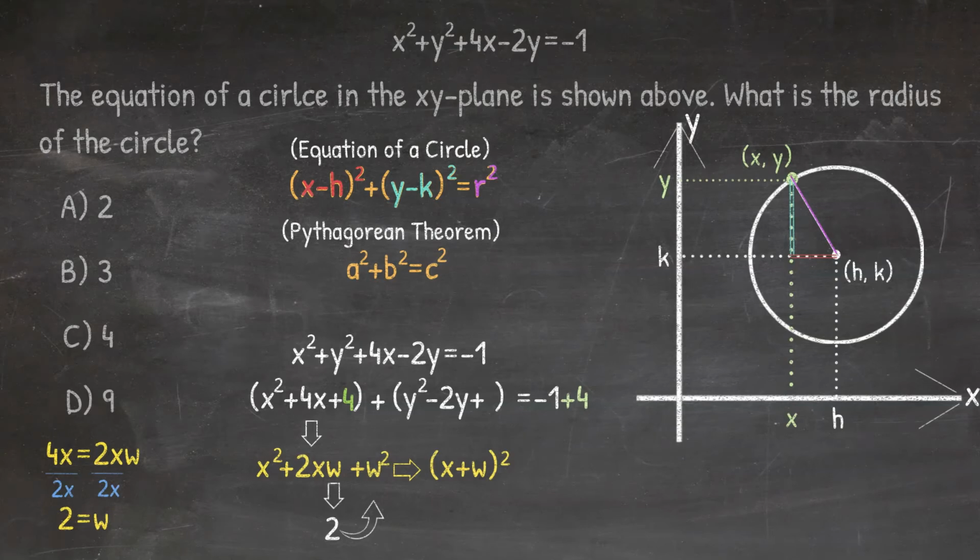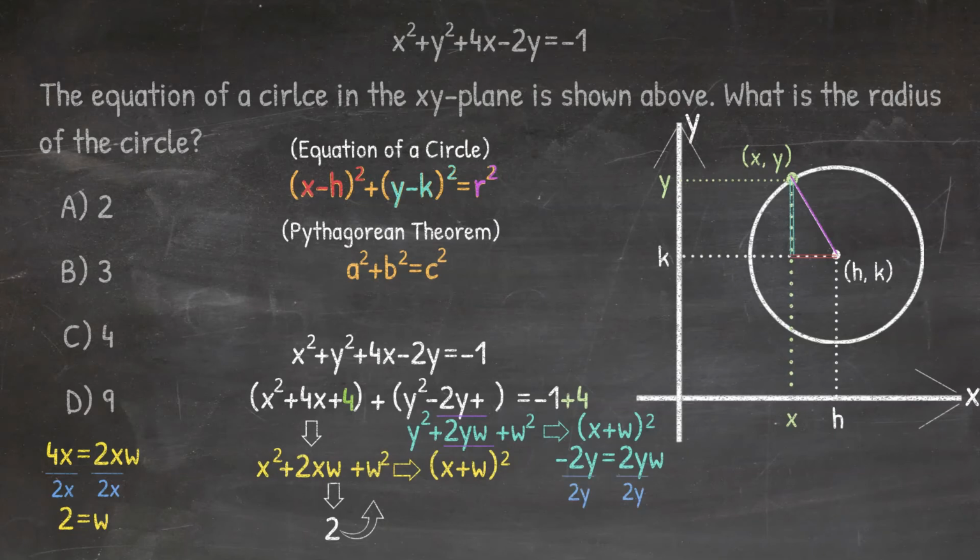Let's do the same for the second bracket. We already have y squared minus 2y. And to complete the process of creating the square of the binomial, let's assume that minus 2y stands for 2yw. And if we do so, we can divide both sides by 2y.